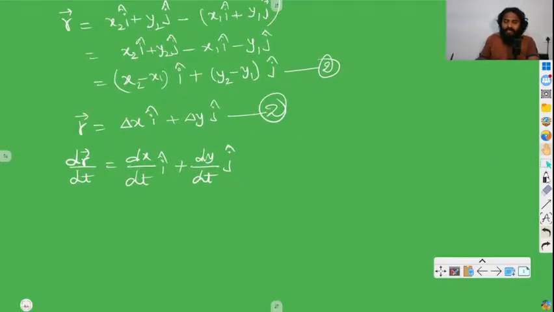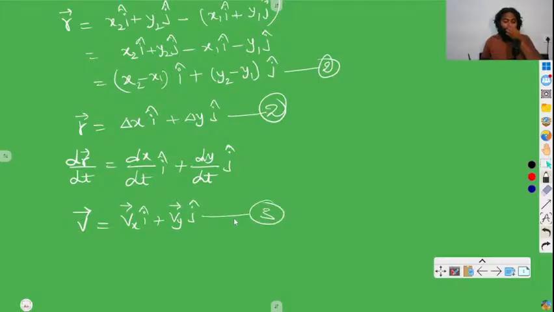We know very well the rate of change of position with respect to time is called velocity. So the velocity vector is equal to the x component of velocity I cap plus the y component of velocity j cap. This is the velocity vector of the particle. The direction of velocity is along the direction of displacement itself. Clear?